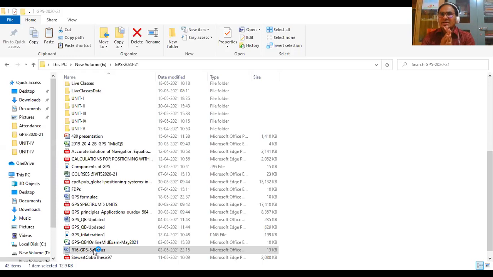An outline of the GPS applications is already given in unit 1: aviation applications, marine applications, and the land applications to provide the intelligent transport system, ITS. And for surveying purposes, GPS is used in the name of mapping and GIS, that is geographical information system, by the civil engineers. So GIS is a technique of the civil engineers.